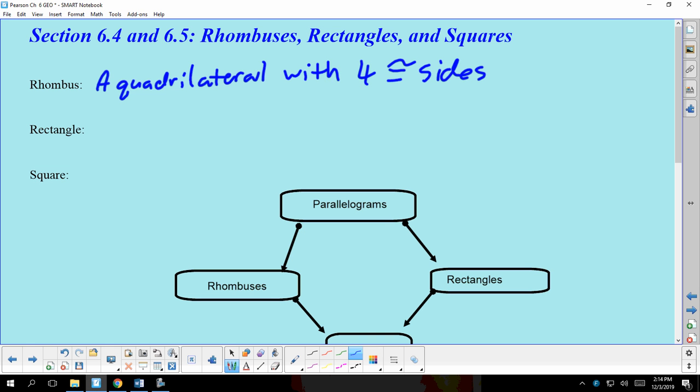A rectangle is a quadrilateral with 4 congruent angles.